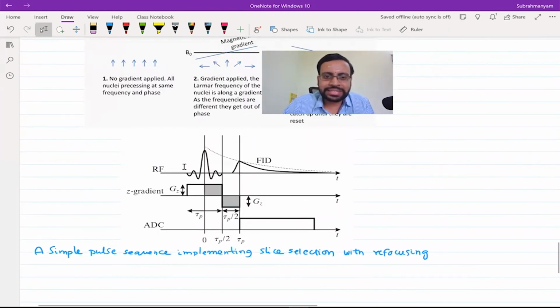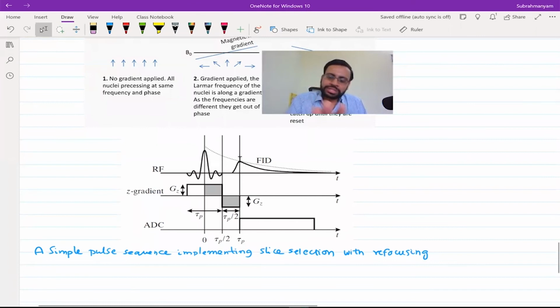This is the received signal here, and this is what you are transmitting. The received signal, you notice, would be 0, and once you reach tau p by 2, somewhere around half, that is when it would start increasing, and everything would come in phase and into the xy plane by the end of this.